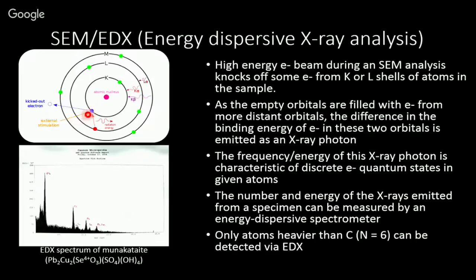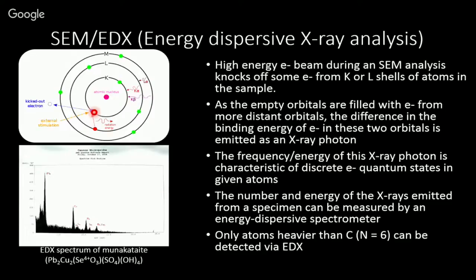So it comes here and kicks out this blue electron, and this blue electron flies away. It's gone. Once it's gone, the whole atom is in a very excited state, and it has to find a way to bring itself back to a more ground state. How does it do that? It does it by one of the electrons from the outer orbitals. This red electron comes down and takes the place of the blue electron.